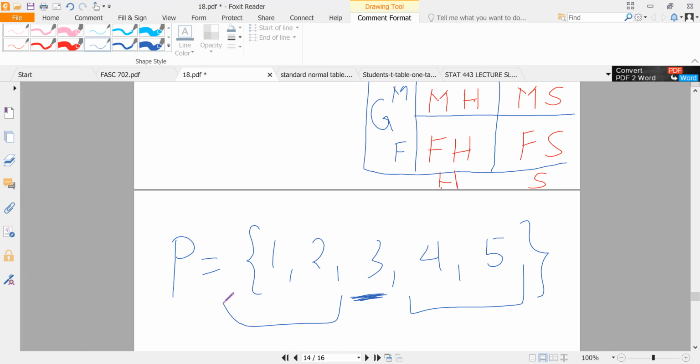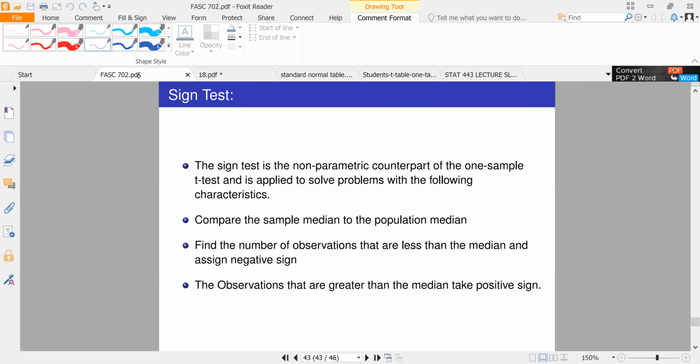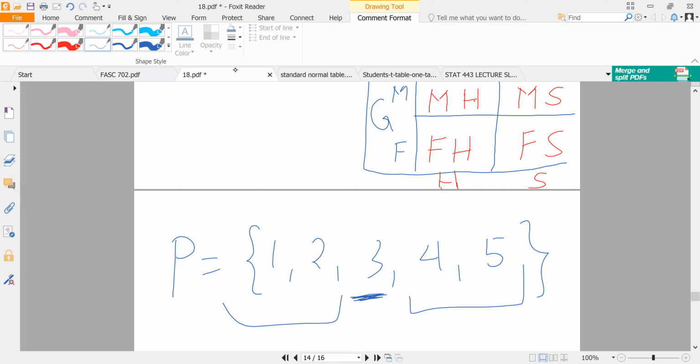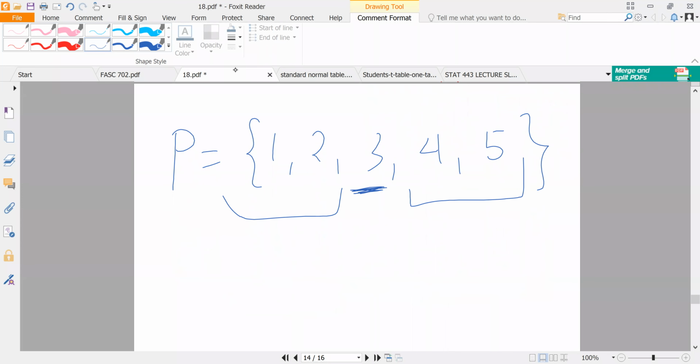Now, in the sign test, what happens is that it will assign a negative sign for numbers that are less than the median value, and it will assign positive values for numbers greater than the median value. So in general, let's suppose that in your population, we have x1, x2, and then you have the median.